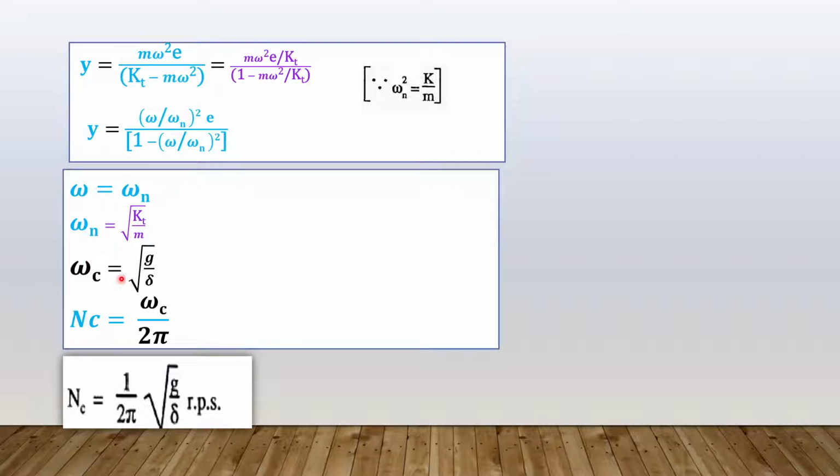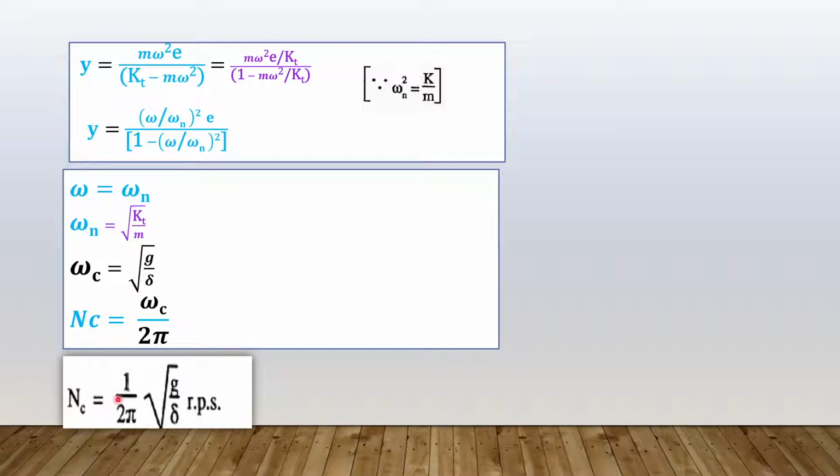This omega n, we can write here, omega c is equal to under root of g by delta. This delta we can find out by using the geometrical formula. This Nc is nothing but the whirling speed. We can find it as omega c upon 2 pi.